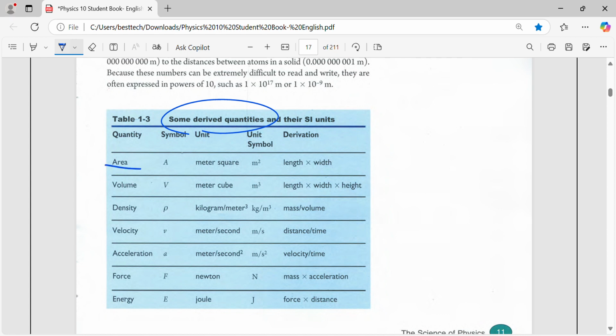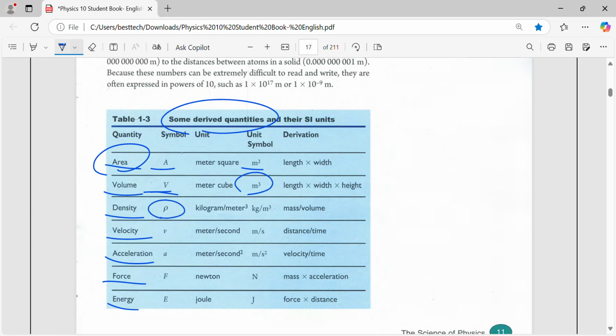We have area, volume, density, velocity, acceleration, force, energy. The unit of area is meter squared, and the symbol of this quantity is A capital. The volume is V capital, and the volume's unit is meter cubed.